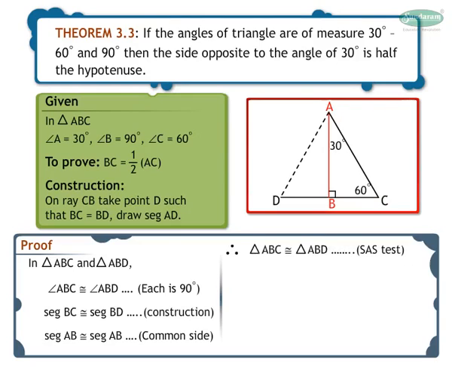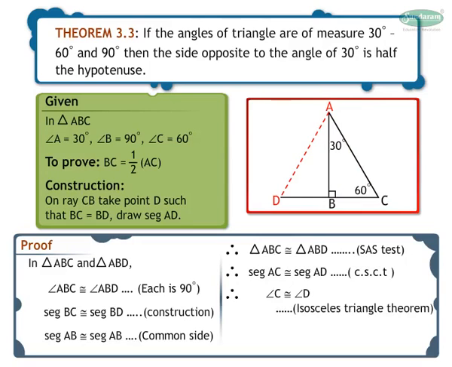Therefore, according to the side angle side test, triangle ABC is congruent to triangle ABD. Therefore, segment AC is congruent to segment AD, since they are corresponding sides of congruent triangles. Therefore, according to the isosceles triangle theorem, angle C is congruent to angle D.